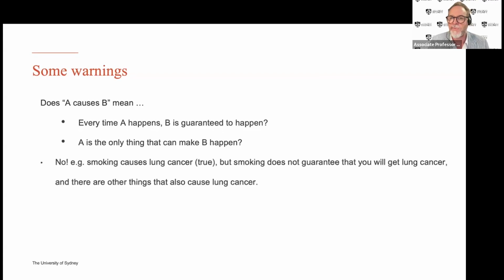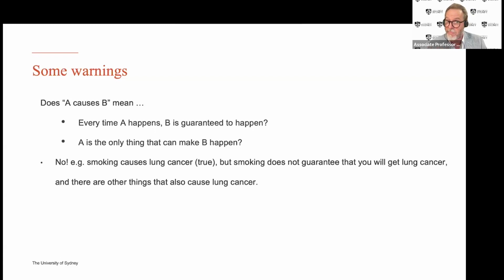And we all know this when we think about an easy, familiar example, such as smoking causes lung cancer. Now, that claim is true. We know it's true based on lots of medical science and experimentation, right? But when you say smoking causes lung cancer, you're not saying if you smoke, you're guaranteed to get lung cancer.